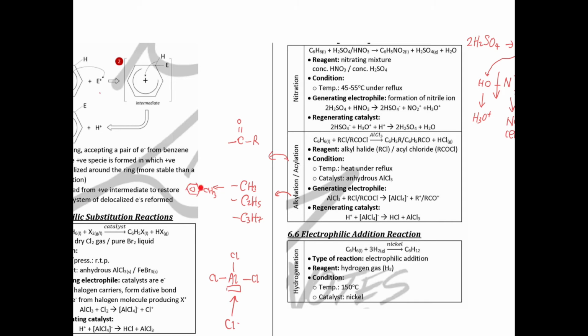So C6H5R, based on our equation. Whereas this one, C6H5RCO, what kind of structures? It's something like this. We have benzene ring, then CO, R. Okay, so that is the other structures under acylation.